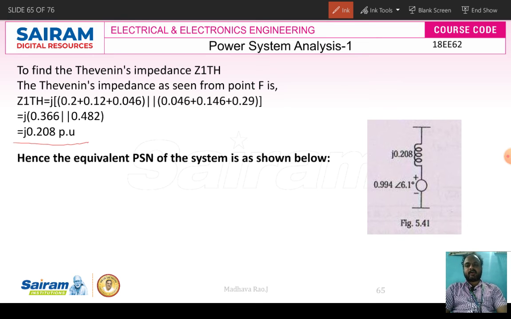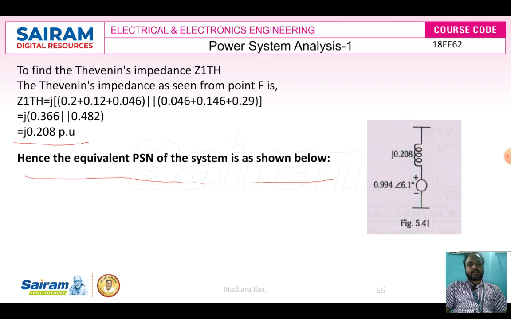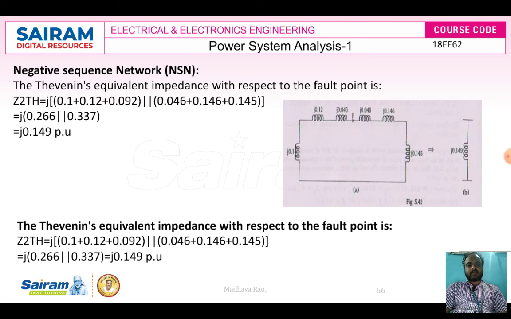This is the equivalent positive sequence network, the equivalent circuit of the positive sequence according to Thevenin's theorem, and here you can see the equivalent circuit of the negative sequence network.